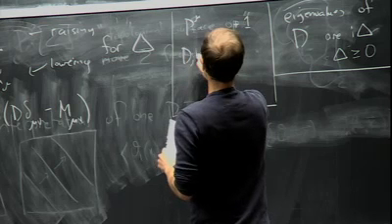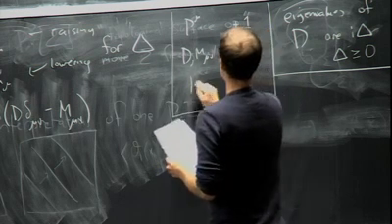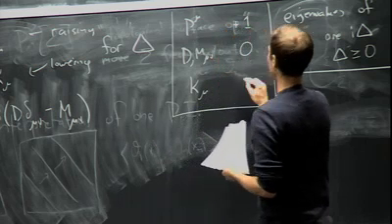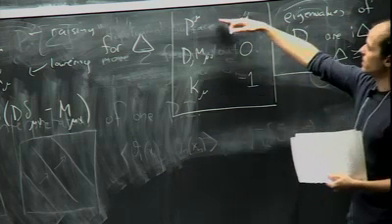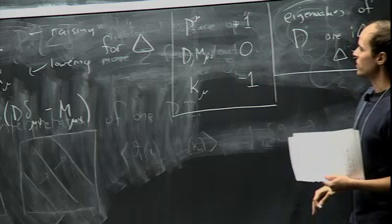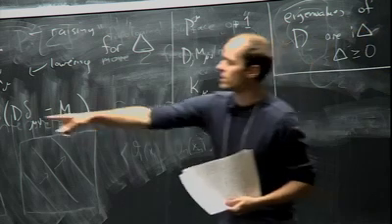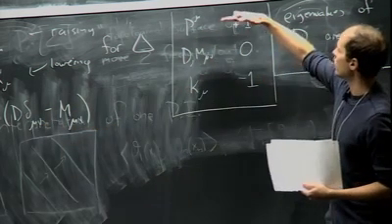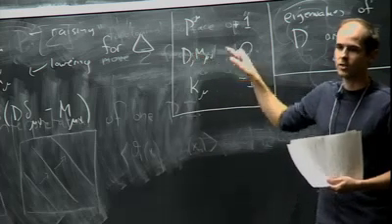We have D and M_μν, which have eigenvalue 0, and K_μ, which is eigenvalue minus 1. So P_μ is dimension 1, K_μ is dimension minus 1, and these two guys are dimensionless, so their commutators with D vanish. The statement of this here is just that if you take a commutator of a thing with dimension 1 and a thing with dimension minus 1, you get a general linear combination of the things with dimension 0.